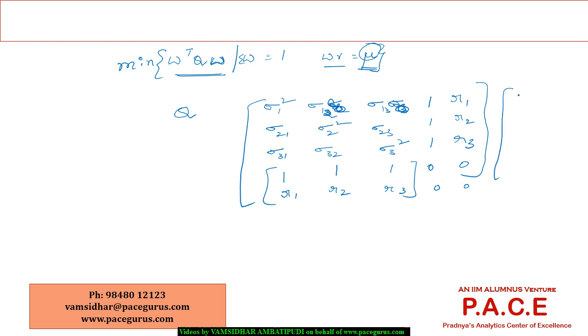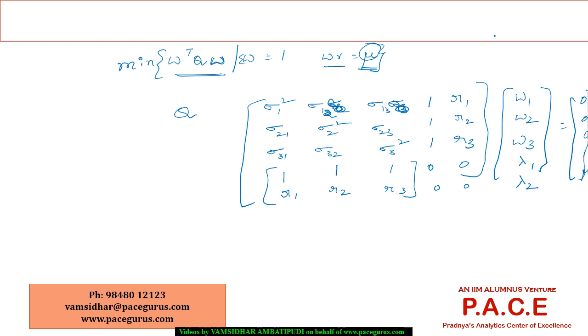This would be multiplied with W1, W2, W3 and some other parameters lambda 1, lambda 2, and this would be equivalent to 0, 0, 0, 1 and mu.